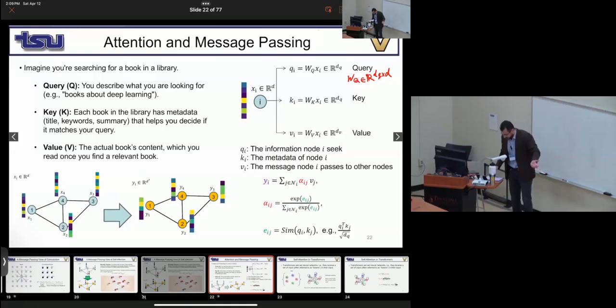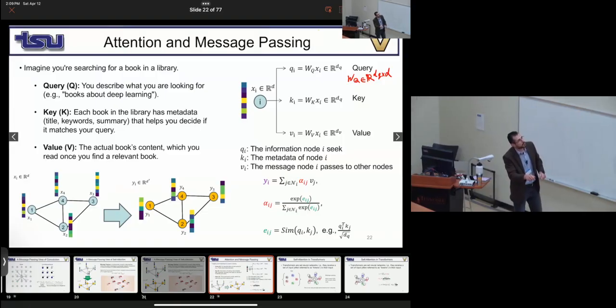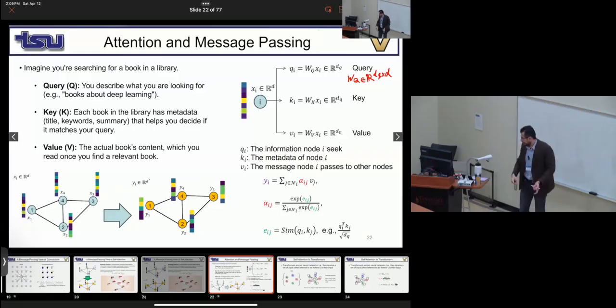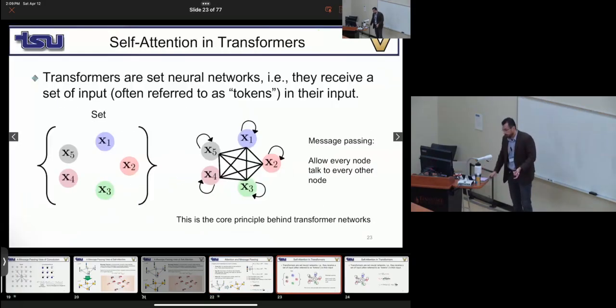Okay. So now there is no information about edges. Here it seemed like I talked about neighborhood, and I said the summation. Where is it? Here. This summation is over the neighbors of node i. If I don't have any information about connection between nodes, I can think about the set as a fully connected graph, and I can essentially let everybody talk to everybody.